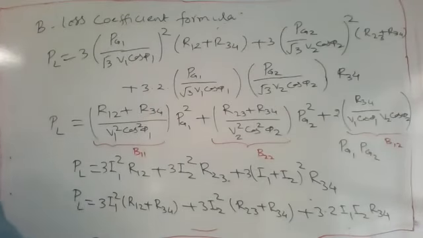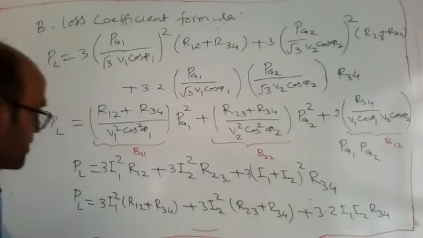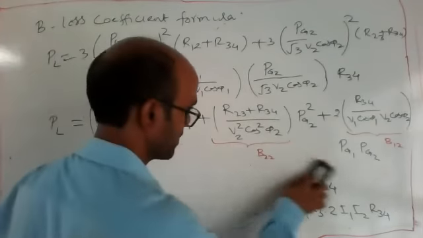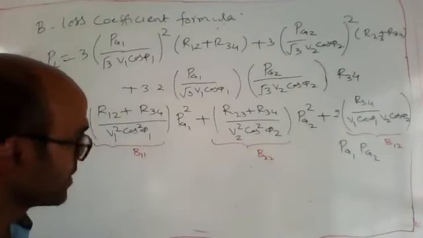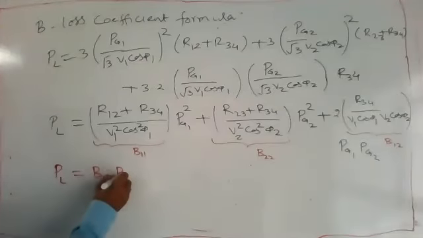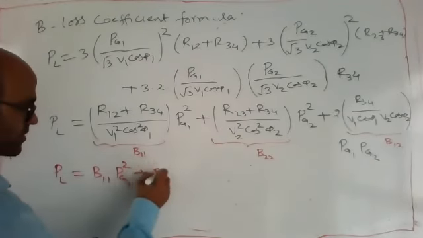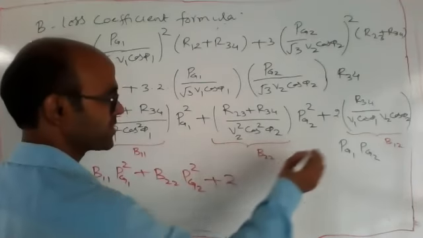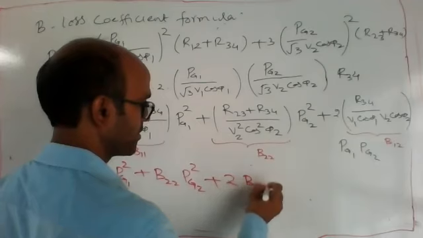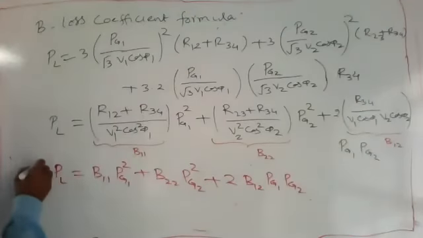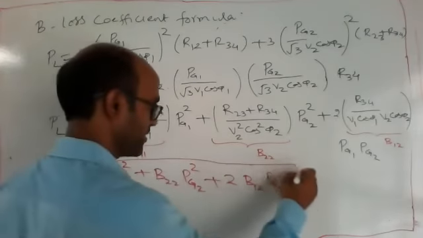If I write in compact form, then I get PL equal to B11 PG1 square plus B22 PG2 square plus 2 times B12 PG1 PG2. So this is the loss formula for the given system.